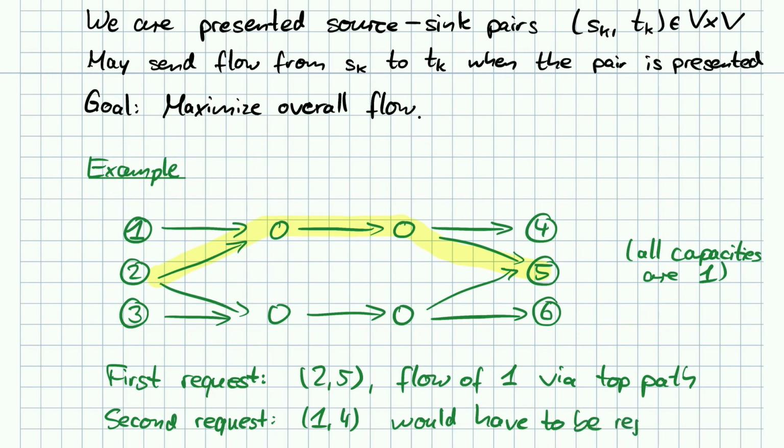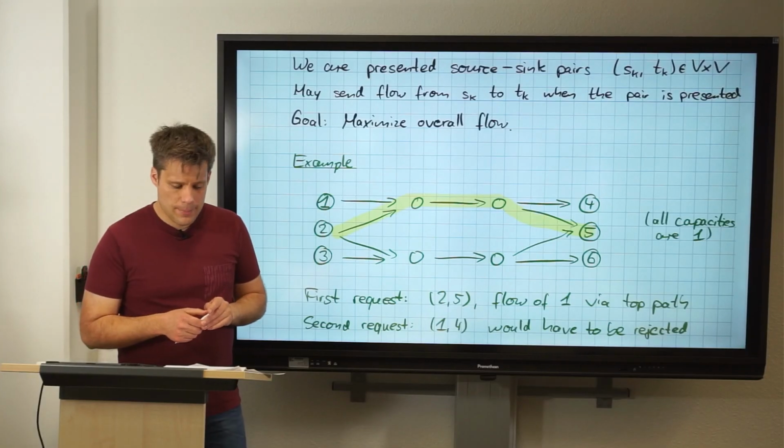Meaning that we couldn't send any flow along this path, whereas if we had sent flow along this bottom path, then we might still send flow along this top path.